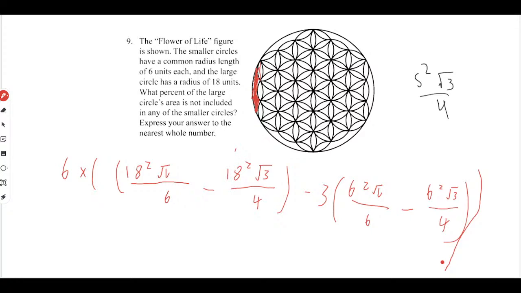So on problems like this, when the final answer wants to be a nearest whole number, and it involves pi, which is an infinite number, you generally want to keep them in the form of pi until your final calculation, and not round any numbers beforehand.